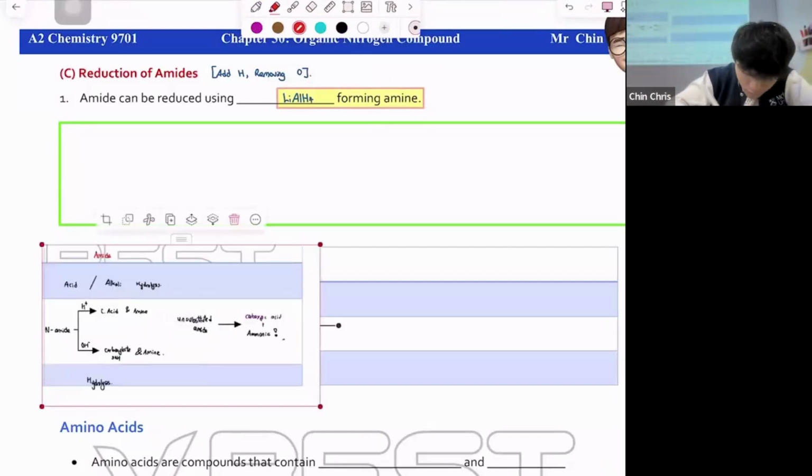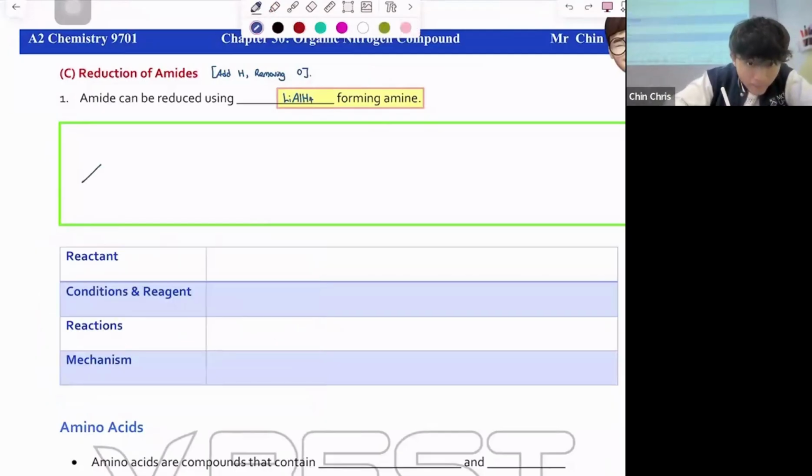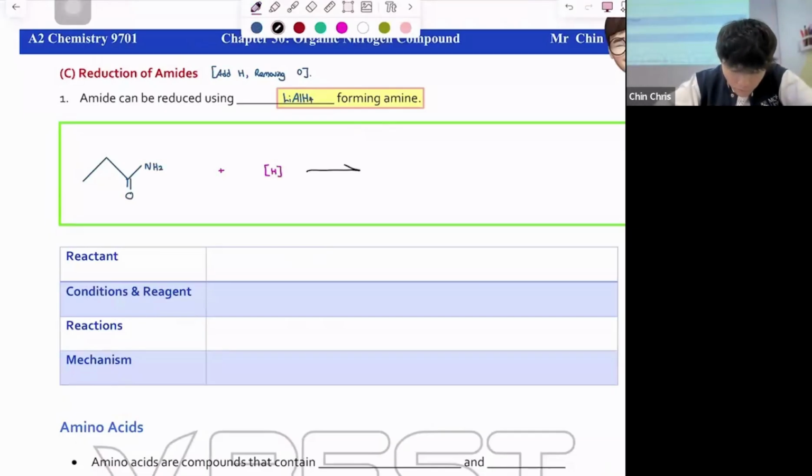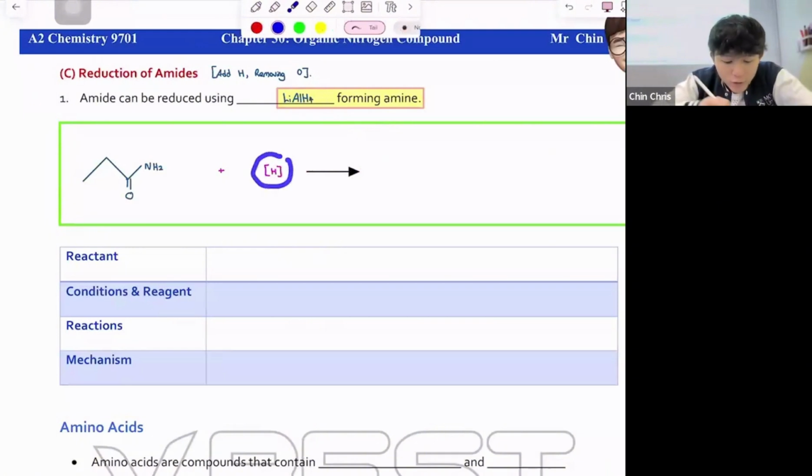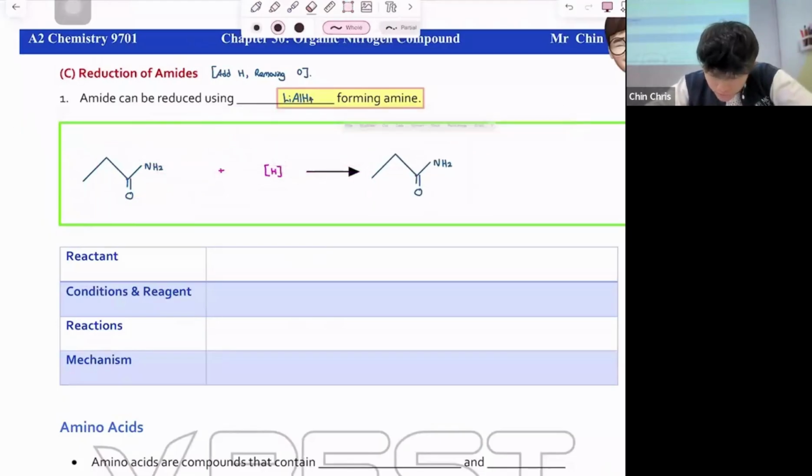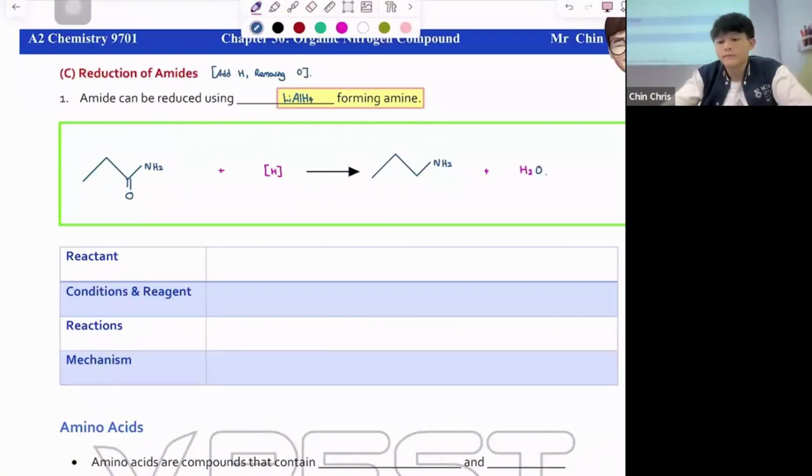Okay, so guys, reduction is adding hydrogen, removing O. So I just have to add 1, 2 here, so eventually the double bond is gone, and you get H2O.